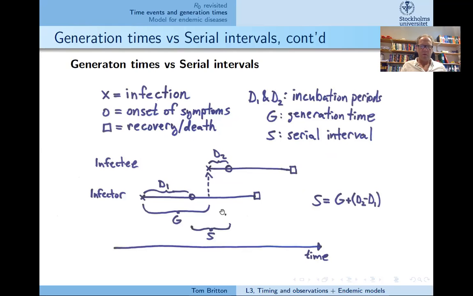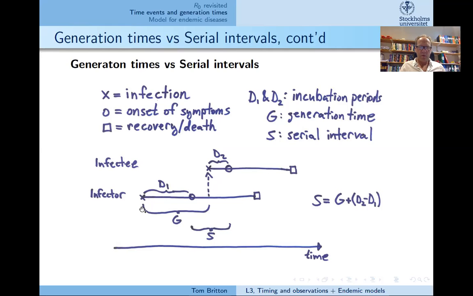So here comes a picture. Here we have time. Here's the infector getting infected. Here it's the onset of symptoms. And then here it infects the infectee. And this infectee has a shorter incubation time before the onset of symptoms comes.